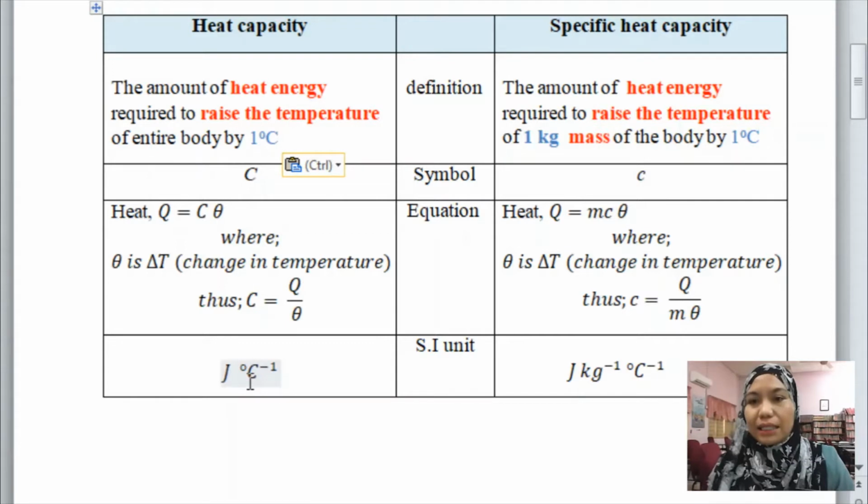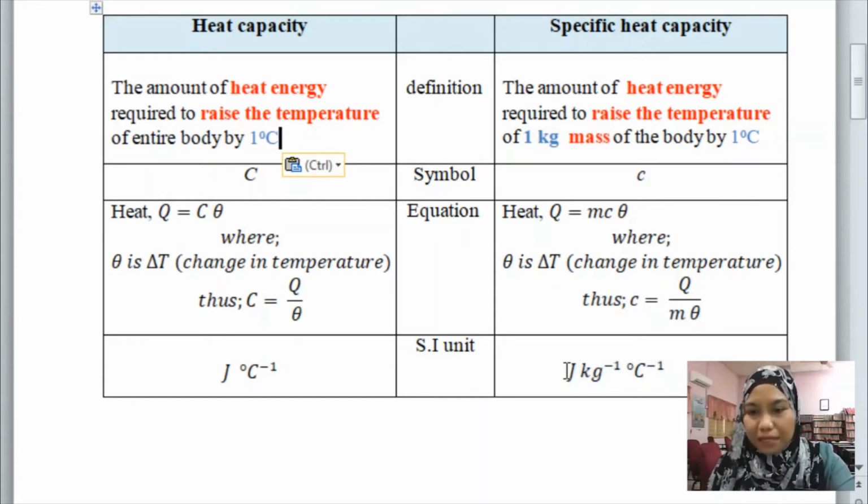Now let's determine the SI unit for specific heat capacity through its equation. The heat energy has the unit joule, per mass in kilogram, and per degree Celsius.